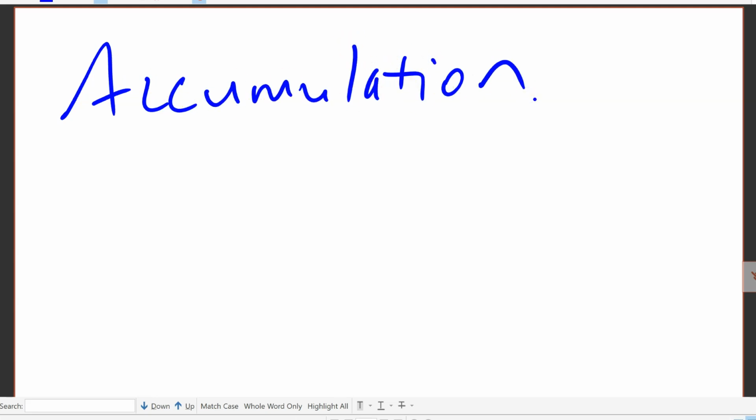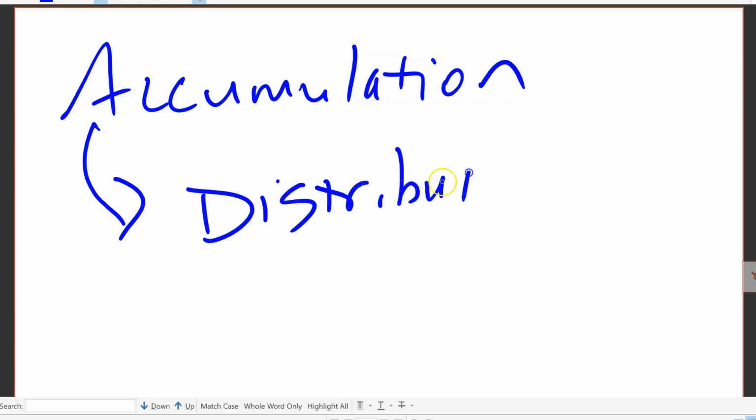And then once you get close to retirement, you start to transition from accumulation into distribution. You've accumulated money, and now you're trying to distribute those assets in an efficient manner so that they can last you the rest of your life. So accumulation phase and your distribution phase.